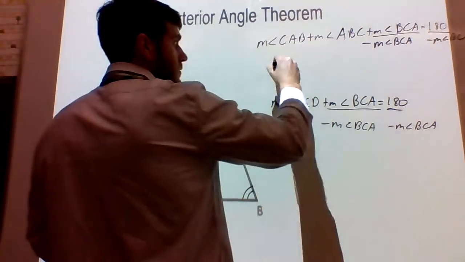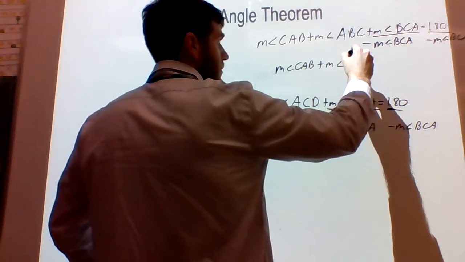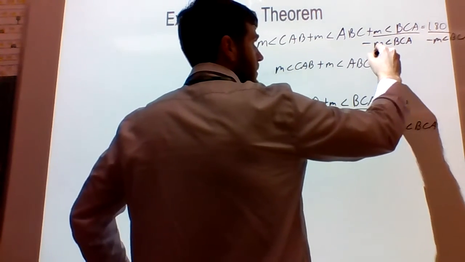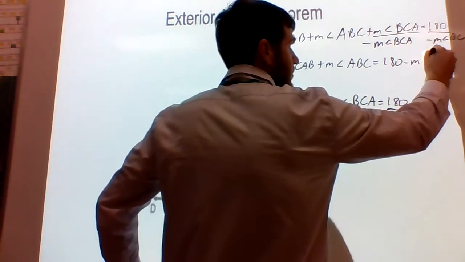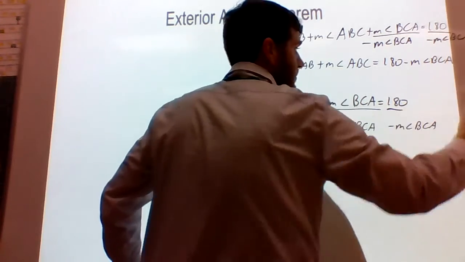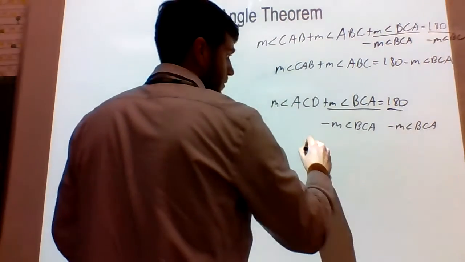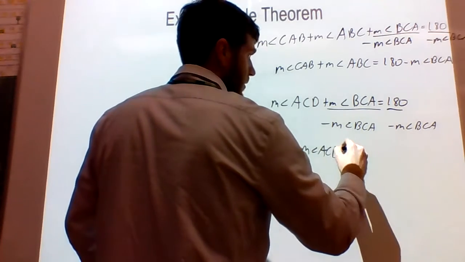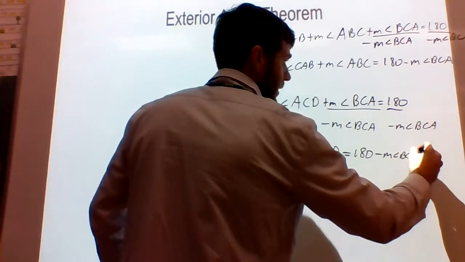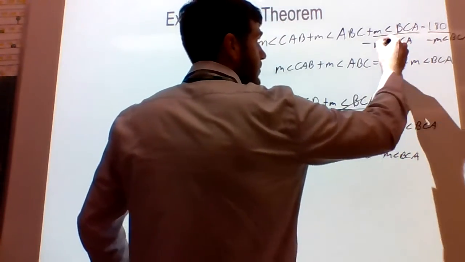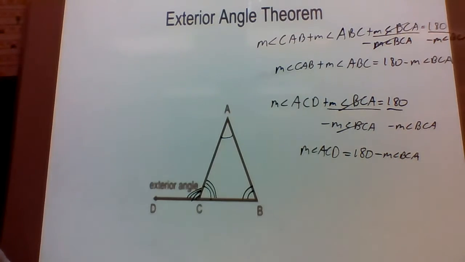So that's going to leave us the measure of angle CAB plus the measure of angle ABC equals 180 degrees minus the measure of angle BCA. And then we have the measure of angle ACD equals 180 minus the measure of angle BCA. Right, these cross off. So that's what we have left.